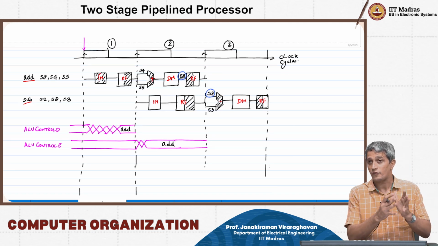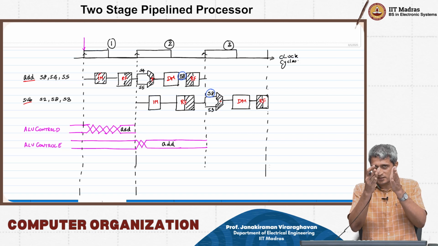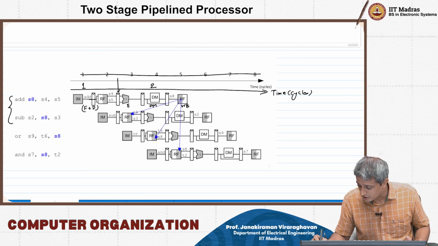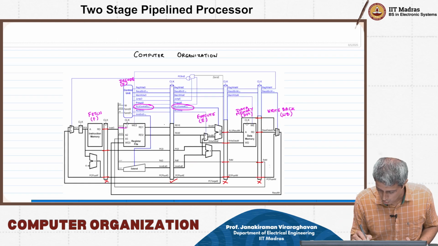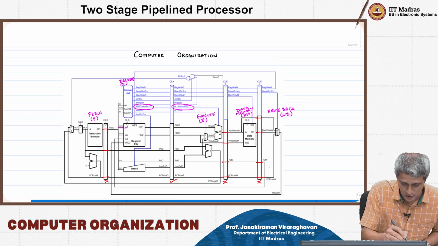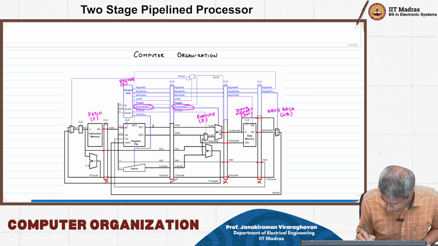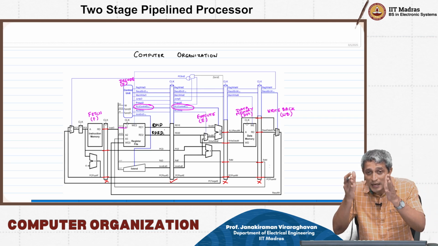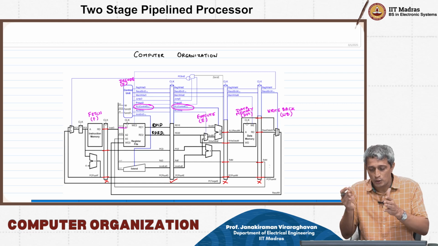The contents of S4 and S5 come out of the register file on to which signals? On to these signals. Let me mark that. I will call this RD1D, RD2D. They will appear at RD1D and RD2D.